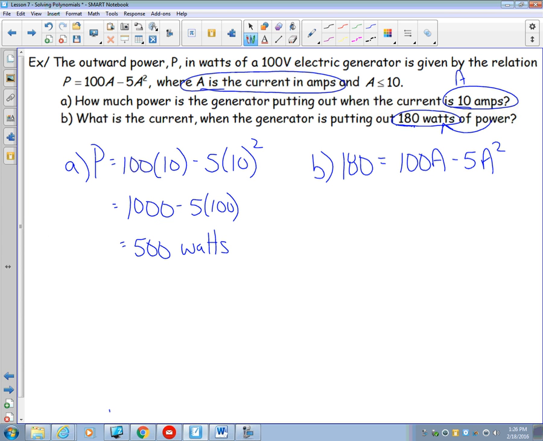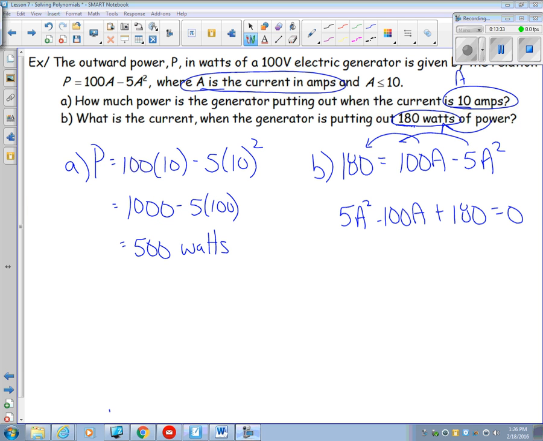Well, if I'm solving something, looking for solutions, I've got to put it in the right order, make it equal to 0, and then solve. This time, I'm going to bring these things to the left-hand side to make my exponent positive. Put in the right order. So 5a squared minus 100a plus 180 equals 0. Our objective is you've got to make it equal to 0 before you start anything, right? All right, let's try factoring this. I should be able to divide them all by 5.